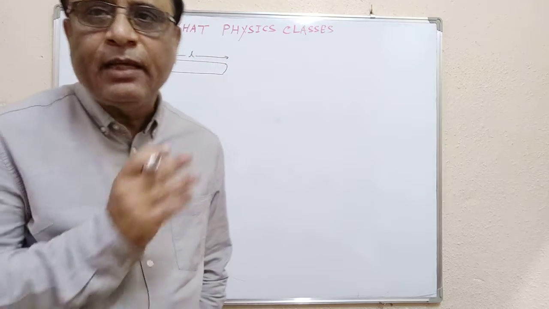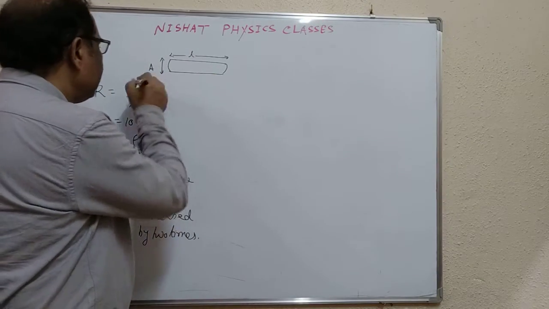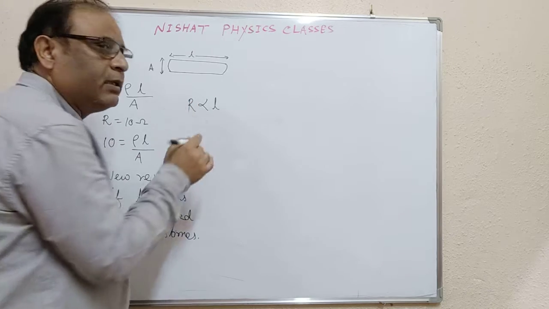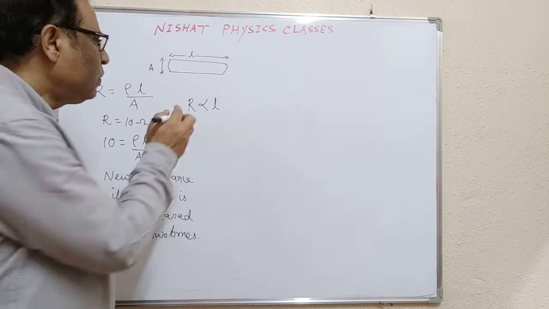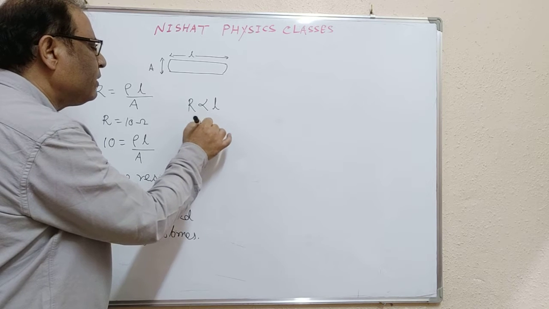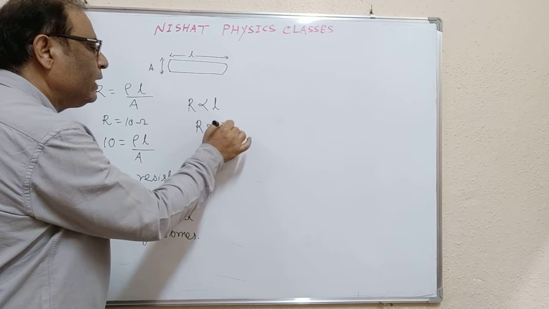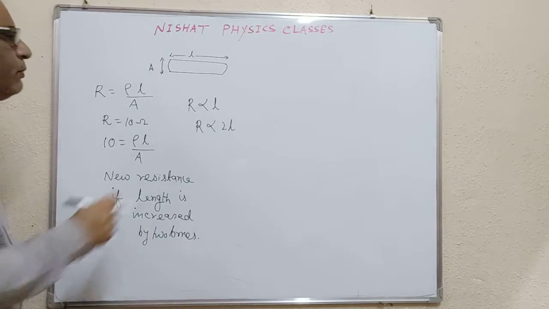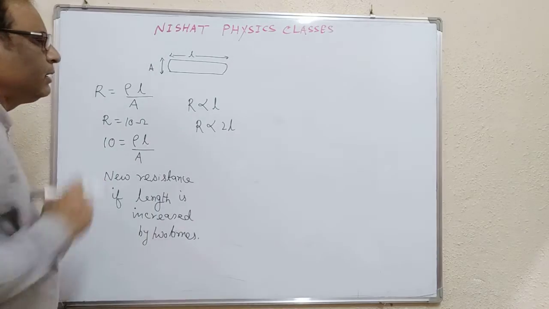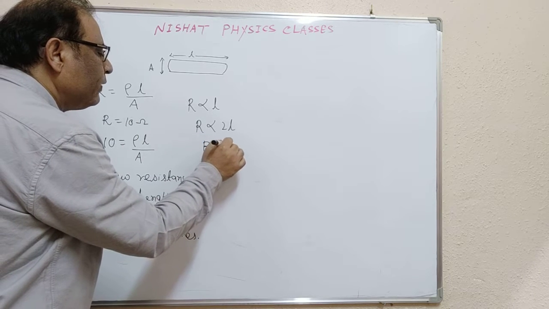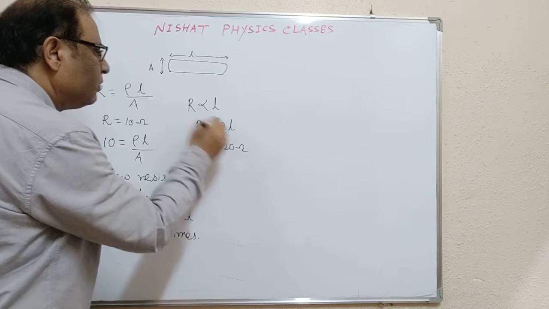What do students think? Suppose R is proportional to L. So, if length is doubled, then R also becomes 2R. In this way, resistance equals 20 ohm.